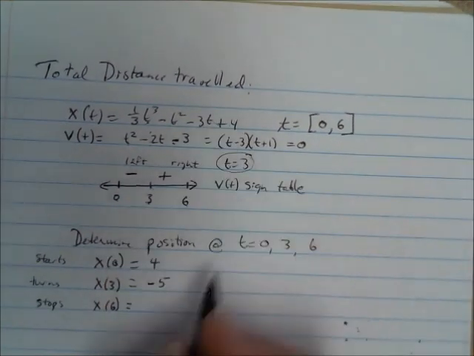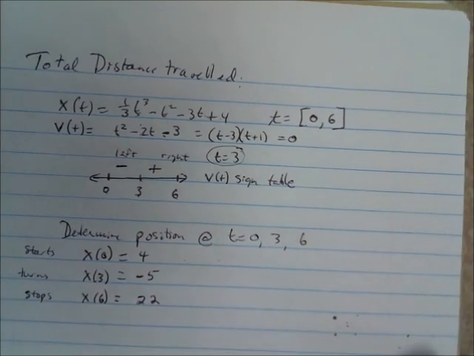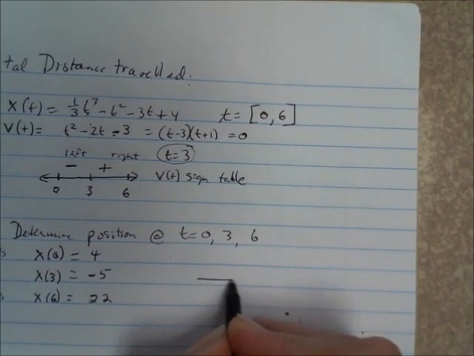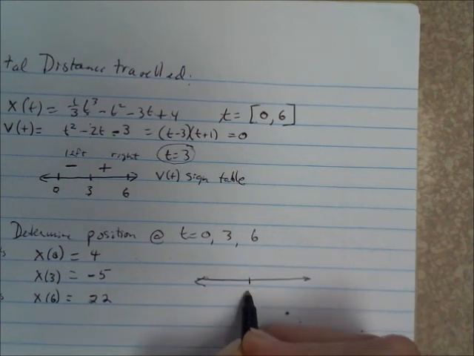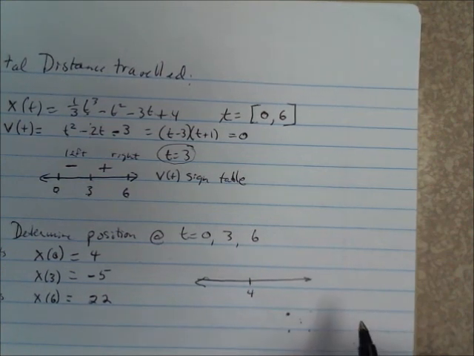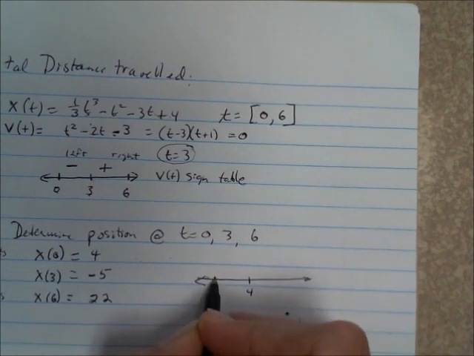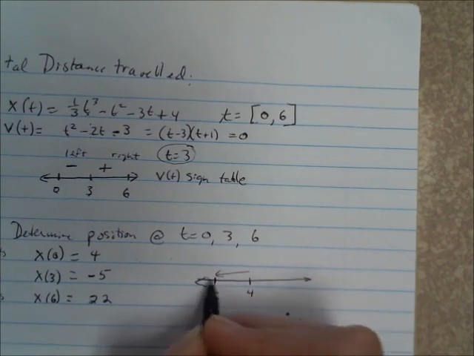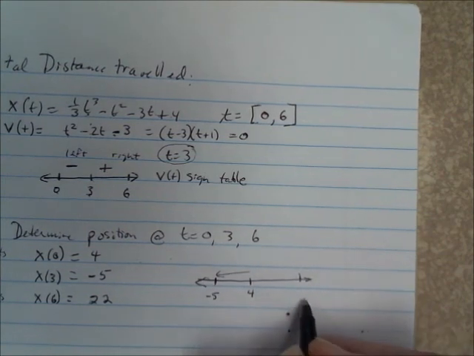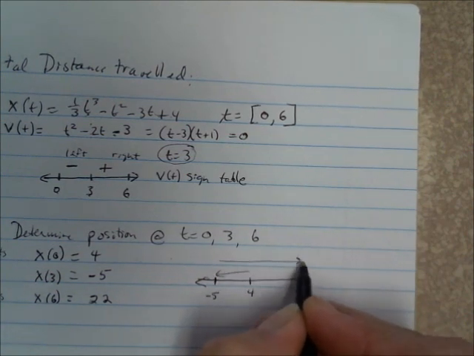X of 6 turns out to be 22. So what's the total distance that that particle has traveled? Well, it starts out at 4, at time equals 0. Then it moves to the left until it gets to the -5 position. And then it ends at x equals 22, so it stops here.